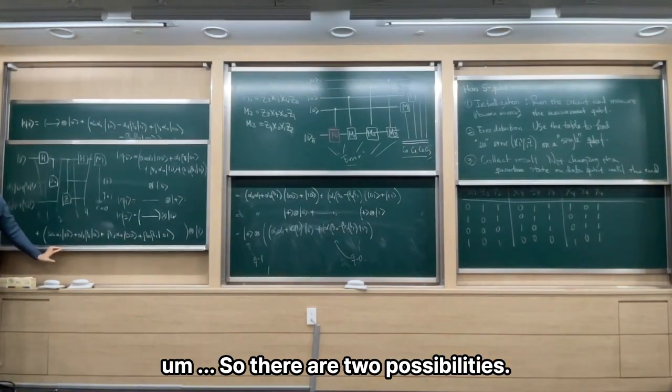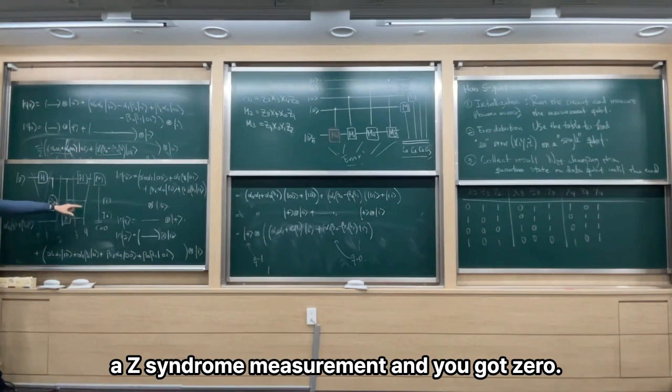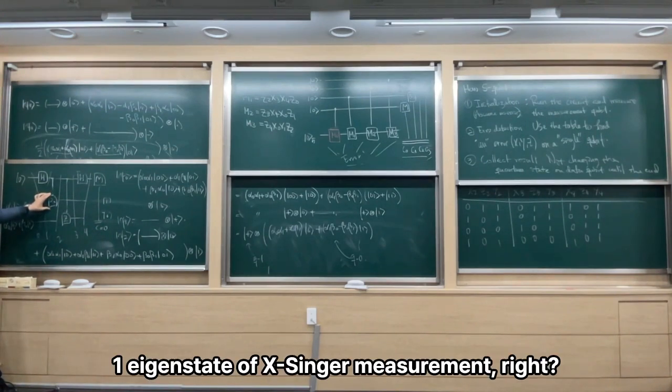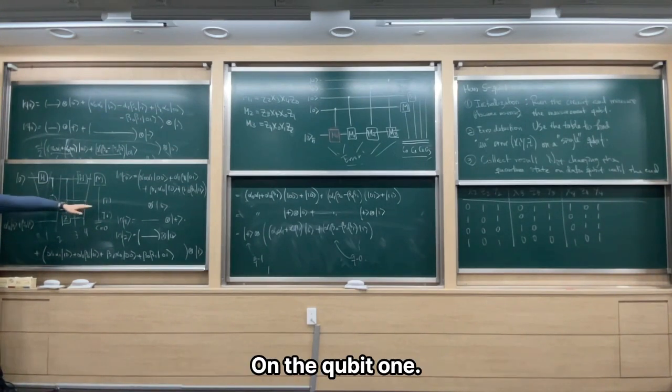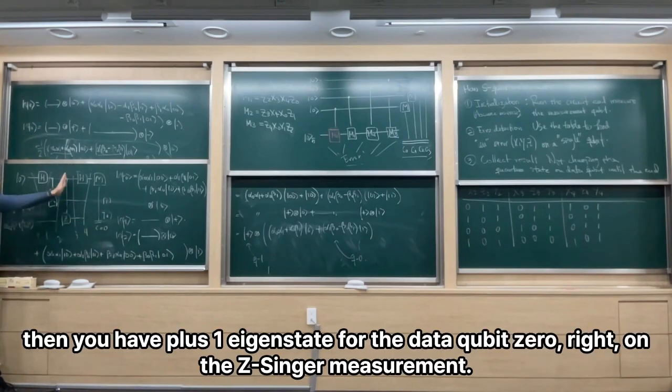So there are two possibilities. Suppose that you don't have a Z syndrome measurement and you got 0. That means you have plus 1 eigenstate of X syndrome measurement on the qubit 1. And suppose that we don't have X syndrome measurement here and you got C0, then you have plus 1 eigenstate for the data qubit 0 on the Z syndrome measurement.